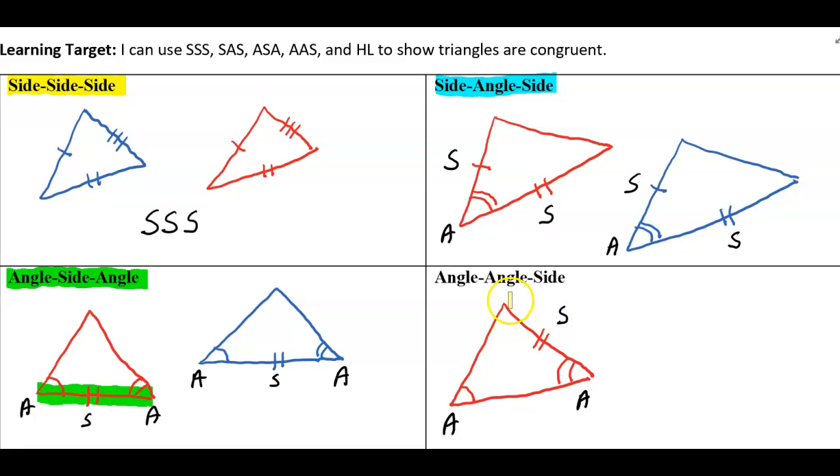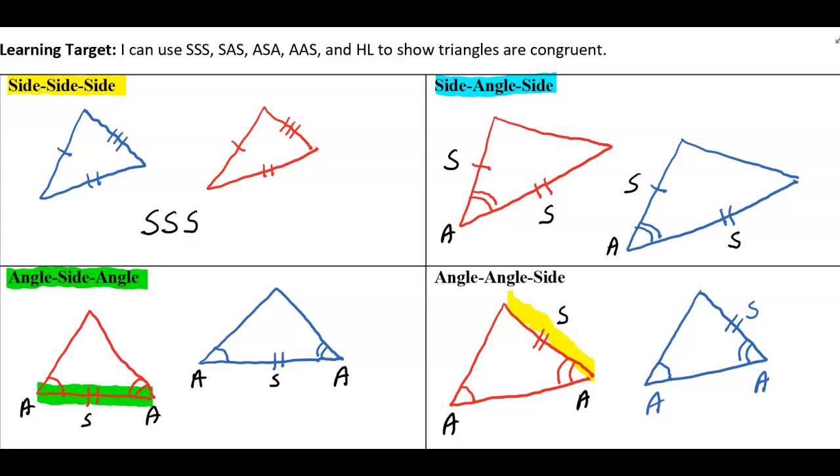So I'm going to highlight that side in yellow. Notice that side is not between the two angles. So this is the typical picture that you will see for angle, angle, side.